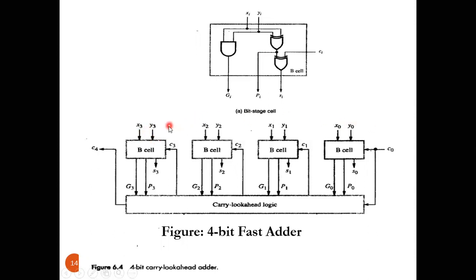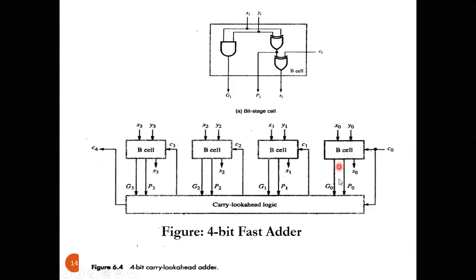All the inputs are readily available with me, and when I give them to the B cell, both G and P functions can be produced in only one gate delay, as they are not dependent on the carry. So G0, P0, G1, P1, G2, P2, G3 and P3 all will be produced in only one gate delay. Please make a note of this. All my generate and propagate functions will be formed using only one gate delay.